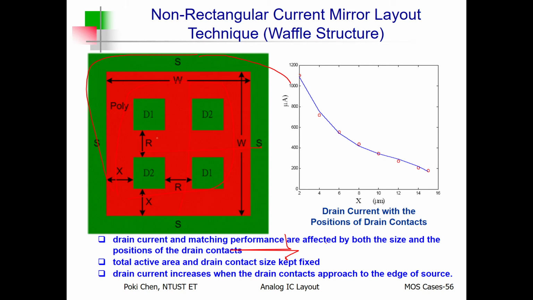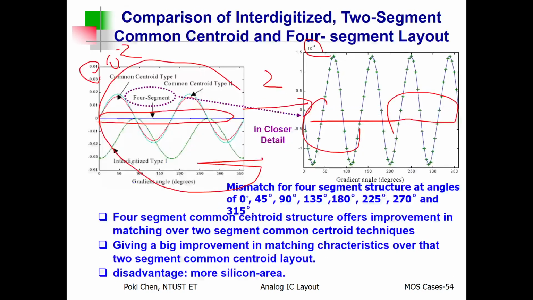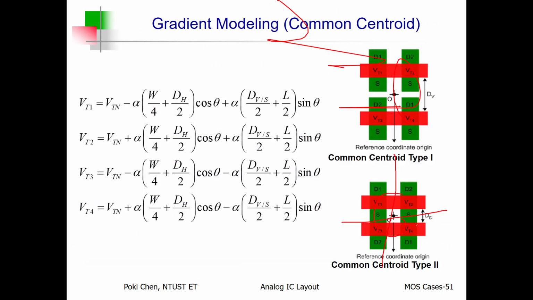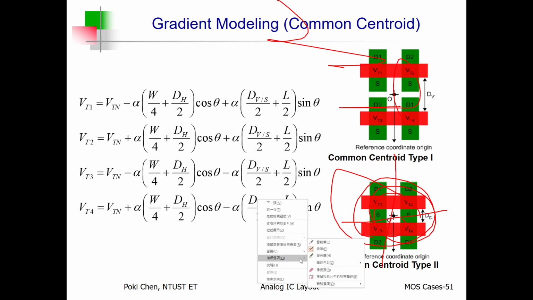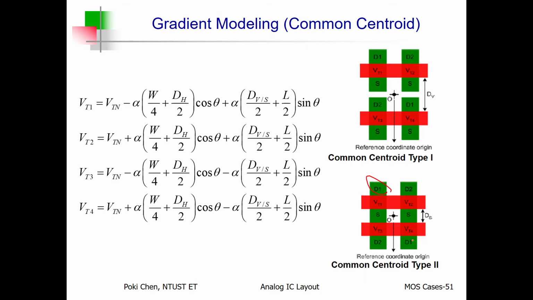So the only difference is D1, D1, D2, D2. Wow. According to symmetry and common centroid requirement, it is quite similar to this, right? But you can see D1, D1, D2, D2. Okay, but there is a big difference according to the gate and the source. Please use your own eyes as cameras.